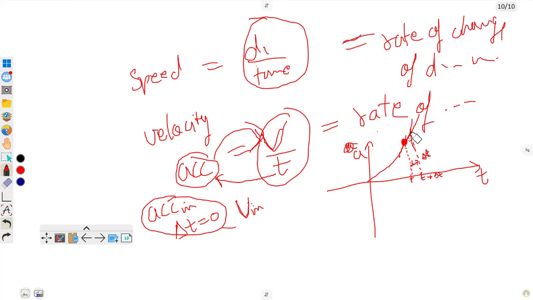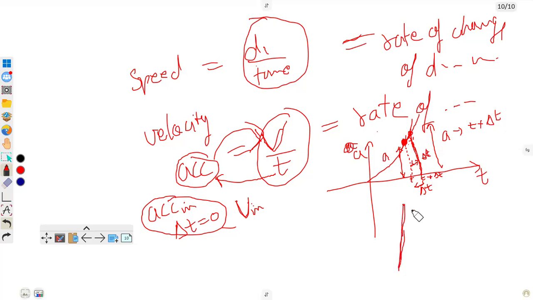we multiply this. Essentially what we do is this value is delta t, this is our acceleration, this is acceleration at time t plus delta t, and as delta t tends to zero, this point also tends toward this one, and we get a very thin rectangle, right?